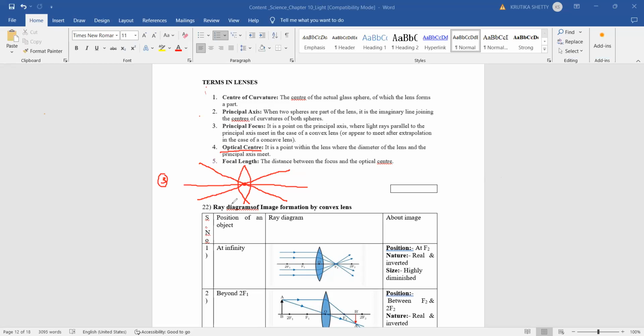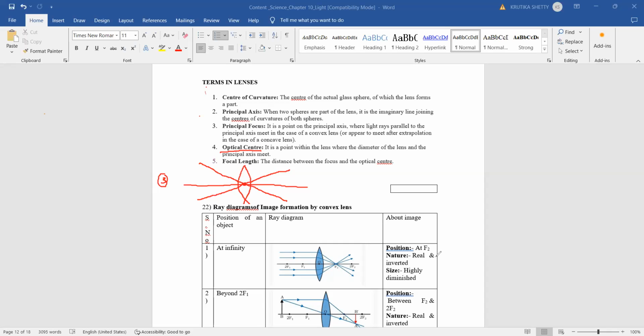Write the third point also in your book. The third point is: a ray of light passing through the optic center goes undeviated.